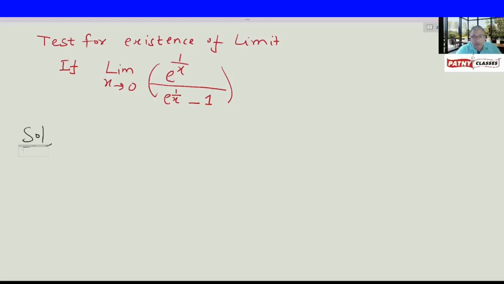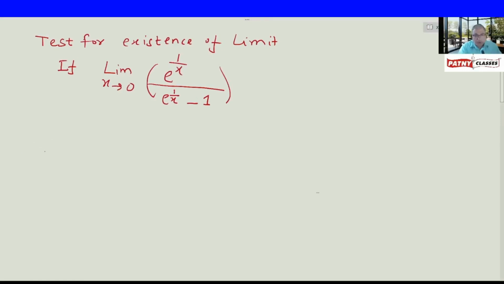Test for existence of limit of f of x equals limit x tending to 0 of e raised to 1 upon x divided by e raised to 1 upon x minus 1. Now I am going to test whether the limit exists or does not exist. Now we will divide the problem into two parts.